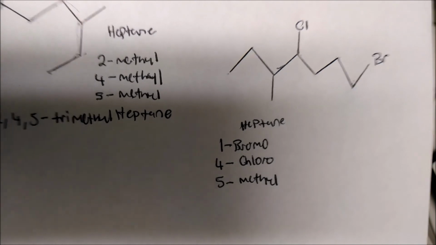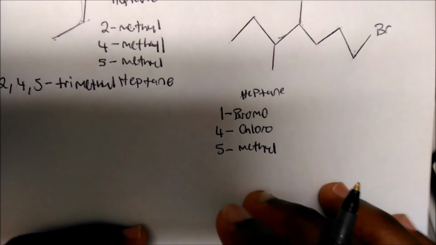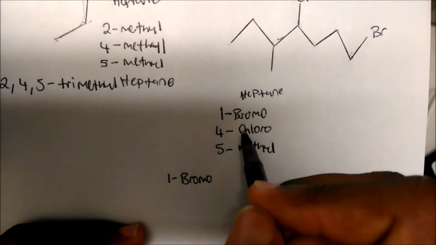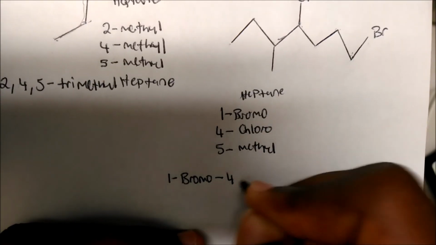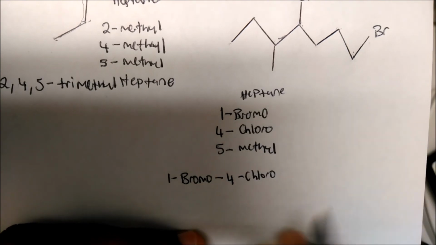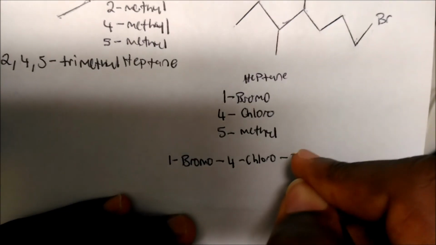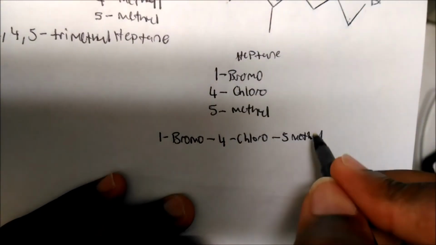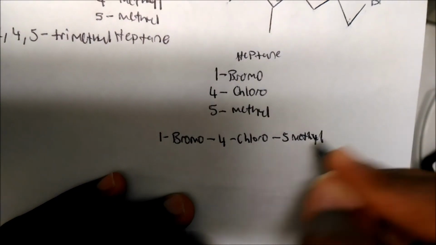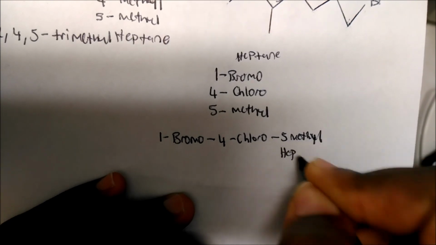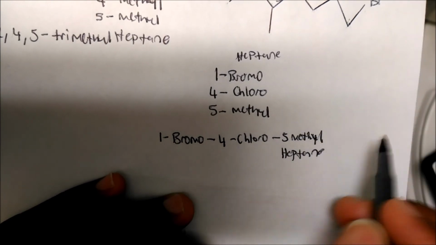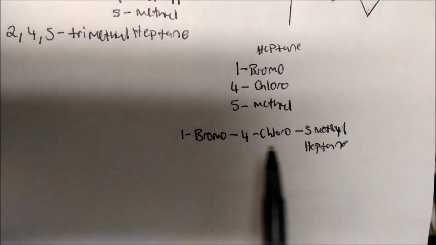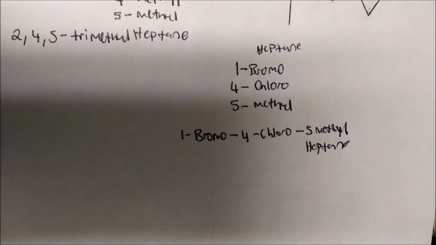So here's how I'm going to do this. 1 bromo, because B comes before C, dash 4 chloro, C comes before M, dash 5 methyl, running out of space here, heptane. I ran out of space there, so bear with me. So this will be the IUPAC name for this compound.